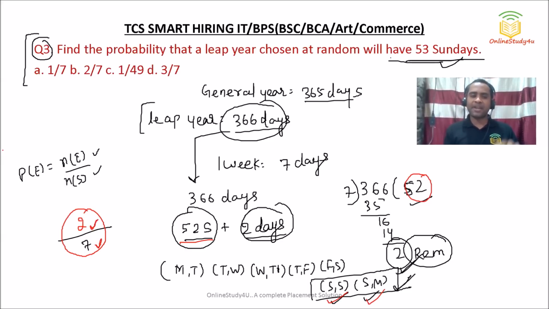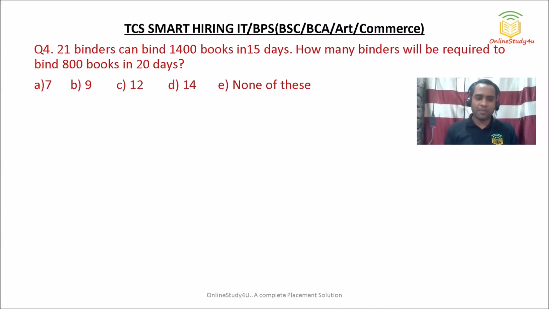Out of these two options, if you get any one, then we will have 53 Sundays. So we have two options in our favor, and total options are 7. That's all.